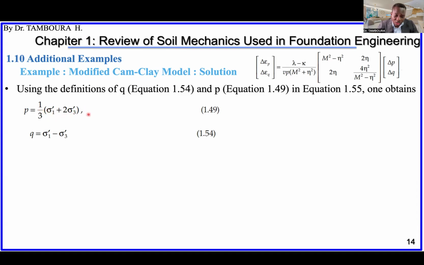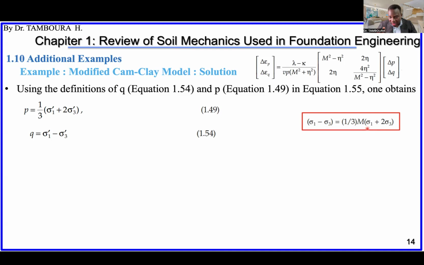This means we take the average of all the three principal stresses, sigma 1 plus sigma 2 plus sigma 3 divided by 3, or considering that sigma 2 and sigma 3 are the same, then we can consider this one. And this is the shear stress, sigma 1 minus sigma 3. Okay, we did these two in the previous videos. Please check.